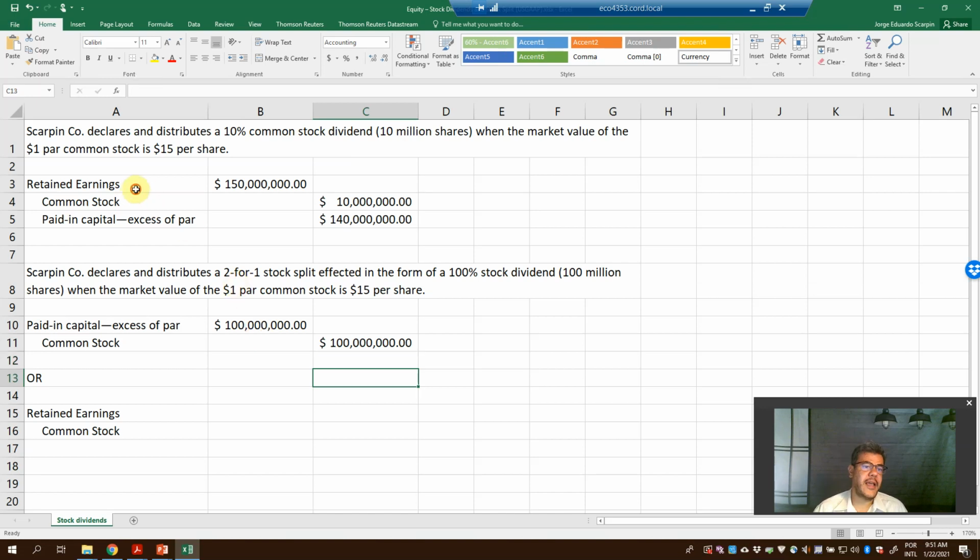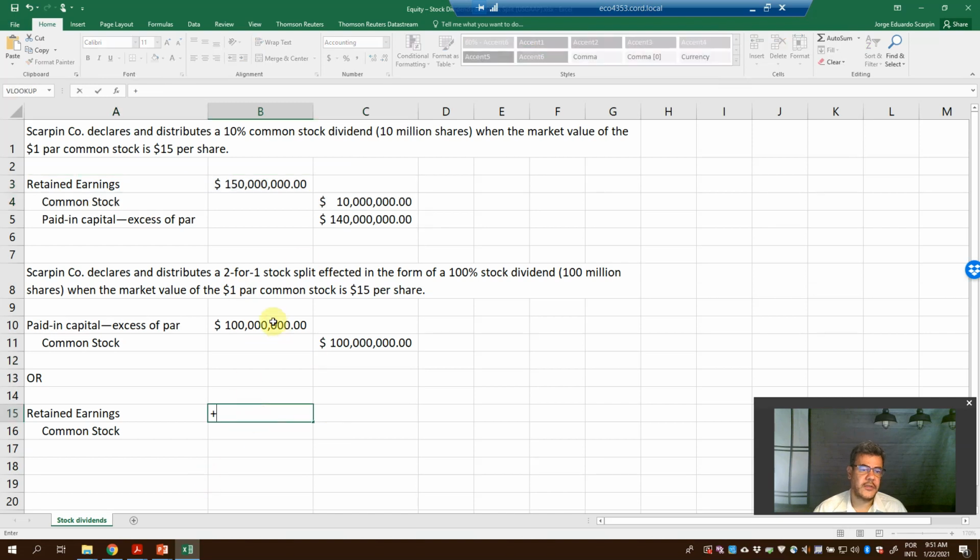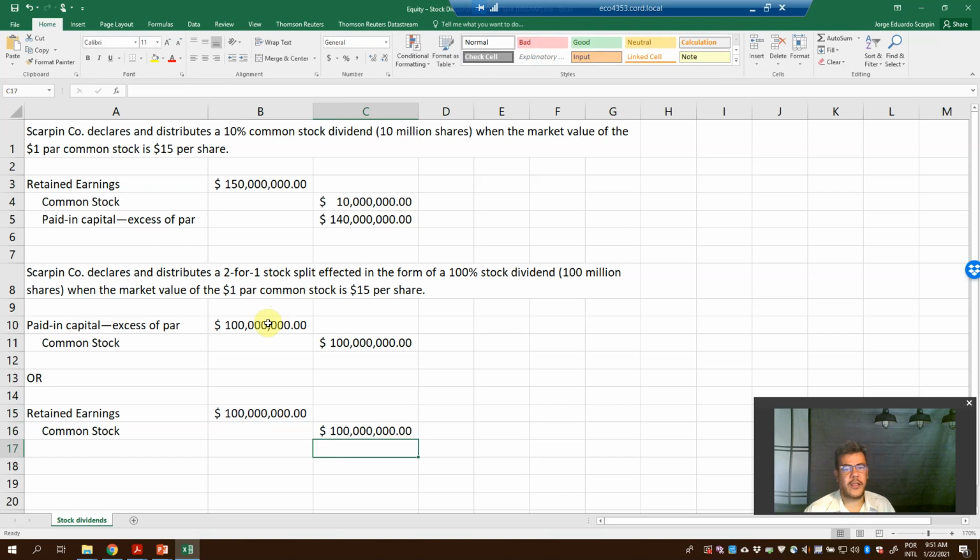Or just like this first journal entry, retained earnings 100 million times $1 par value, and credit common stock 100 million dollars. That is the par value. So if we are working with par value, we have no paid in capital excess of par.